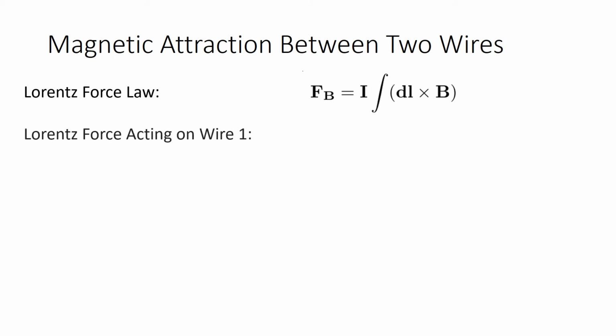Let's look at how a magnetic field due to a given wire, say wire 2, affects wire 1. We can use the Lorentz Force Law, here shown in a general way, to describe the magnetic force due to magnetic field B2 acting on wire 1. Given that wire 1 is straight, we can use this equation to compute that force, but since the wire is effectively infinite in length, the total Lorentz force is infinite.